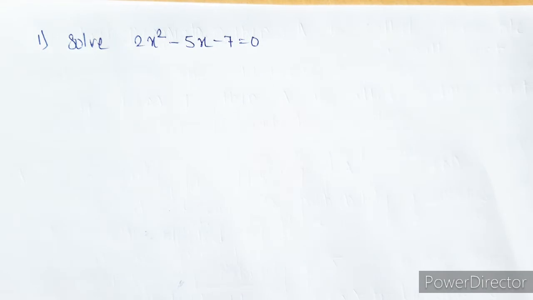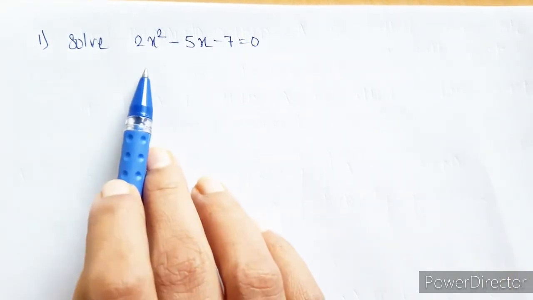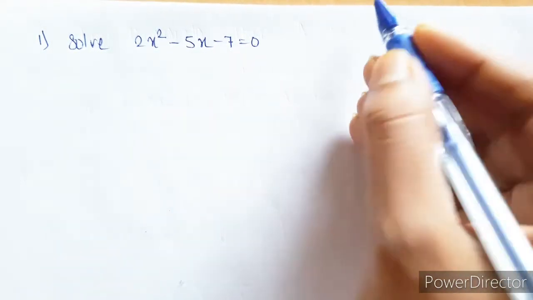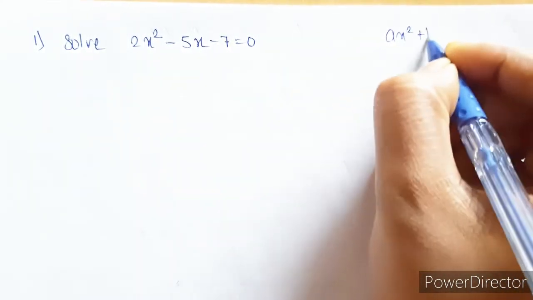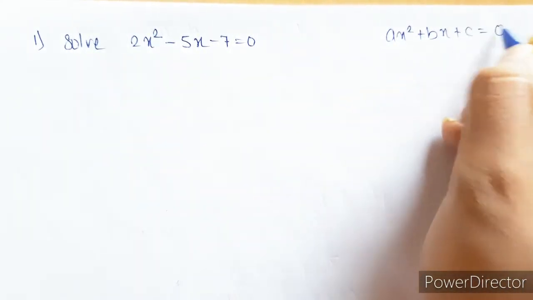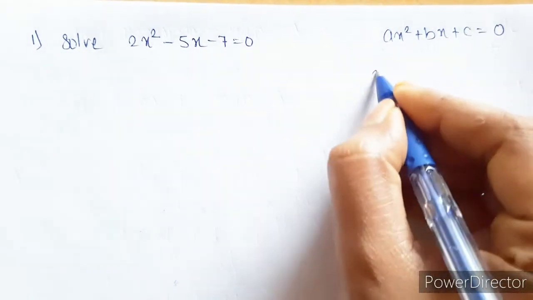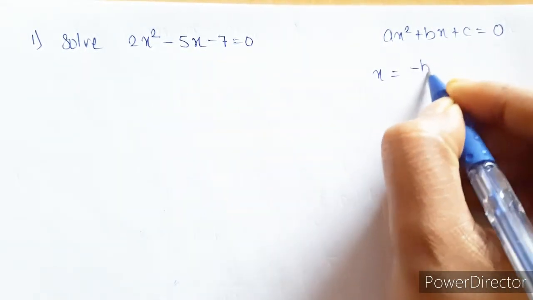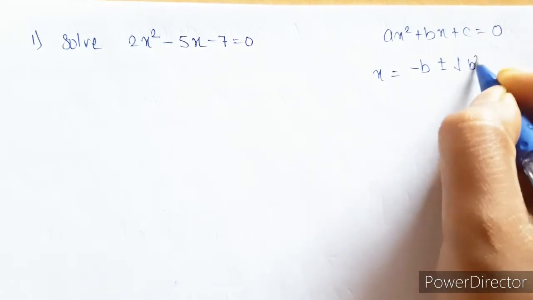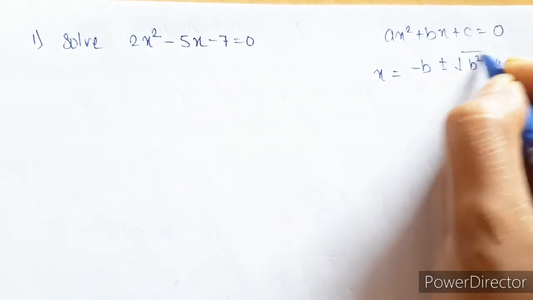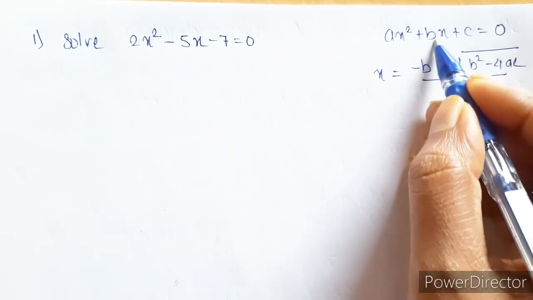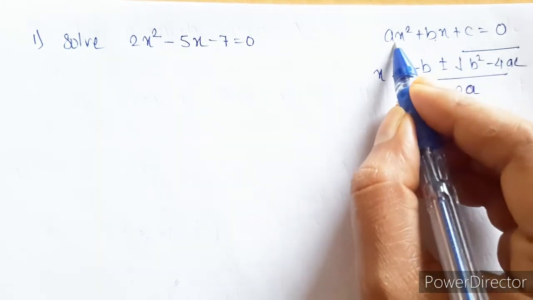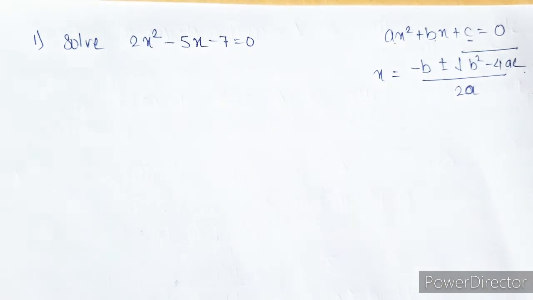Now let us solve this problem. This is the equation given. The general form of the equation, I am writing it here, is ax square plus bx plus c equals 0, and roots are given as minus b plus or minus root of b square minus 4ac upon 2 times a. b is the coefficient of x, a is the coefficient of x square, and c is the constant term.